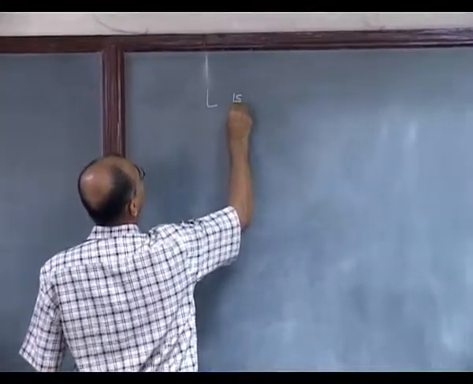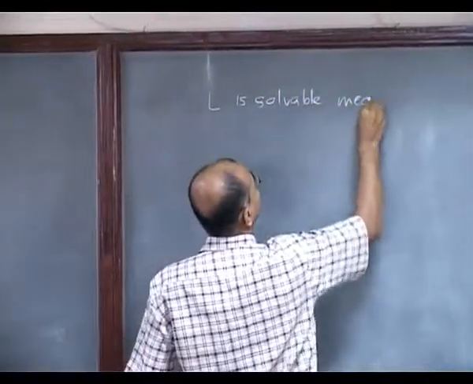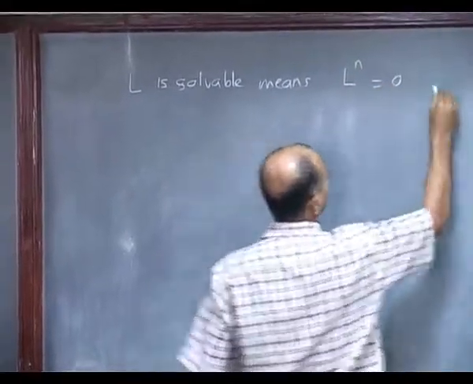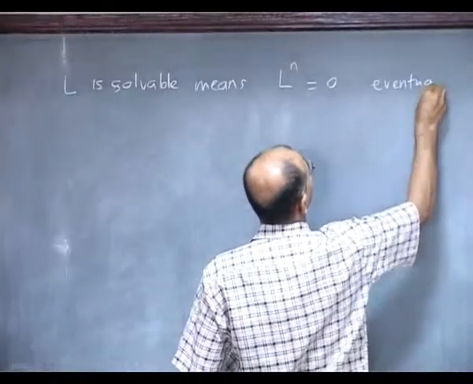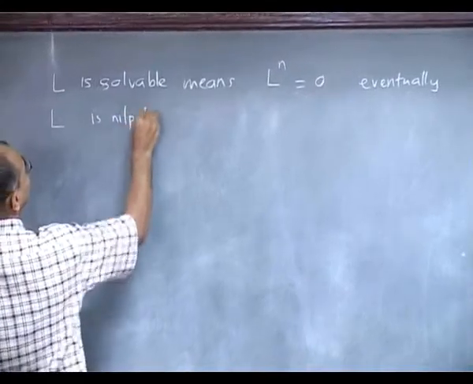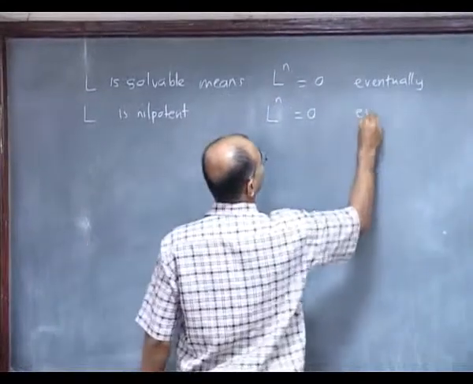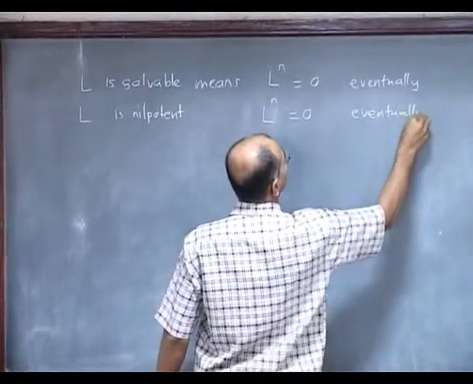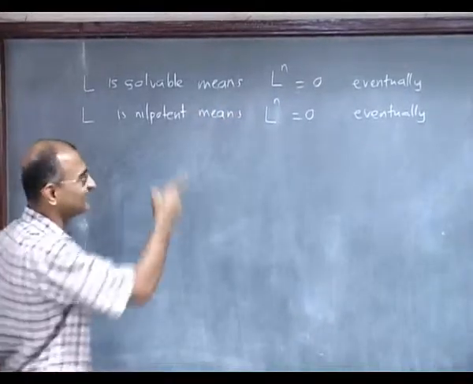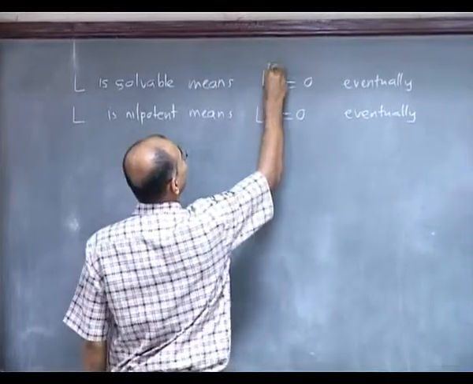L is solvable means if I take its derived series, it becomes 0 eventually, and L is nilpotent means that eventually, and where do I put the, here, the top one, this is the notation, okay.